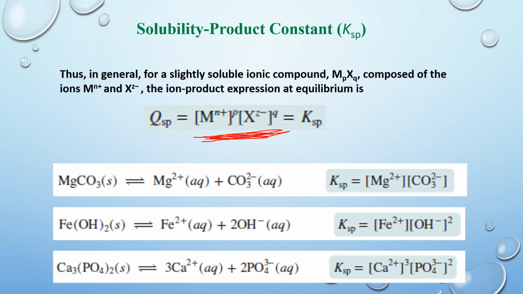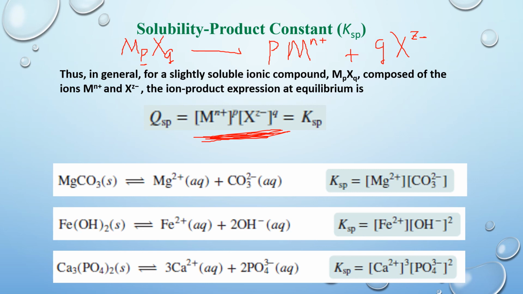Basically, if we have this barely soluble ionic compound, it will generate the metal cation, the number of which is equal to p, with a charge of n plus. Also, the anion with a number of q, with a charge of z minus.